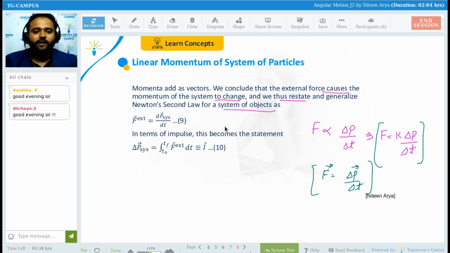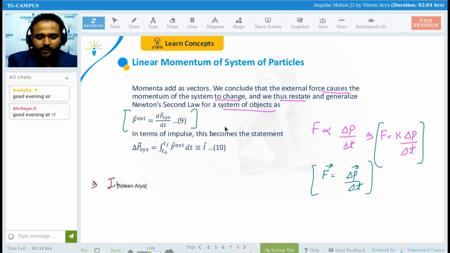So for a system of particles, whenever we apply an external force, that is the rate of change of momentum of the system of particles. Instead of taking one, we can take all together. As simple as that. In terms of impulse, this becomes the statement. So what is impulse?